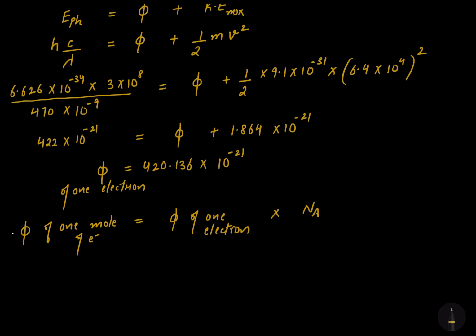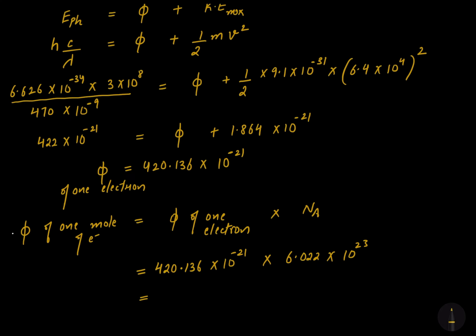Avogadro is the number of units 1 mole will have, whether it's for molecule, electron, proton, anything. The work function of 1 electron is 420.136 into 10 raised to power minus 21. The value of Avogadro number is 6.022 into 10 raised to power 23.